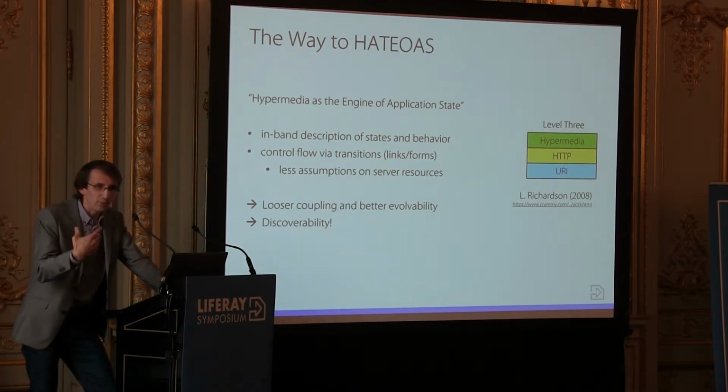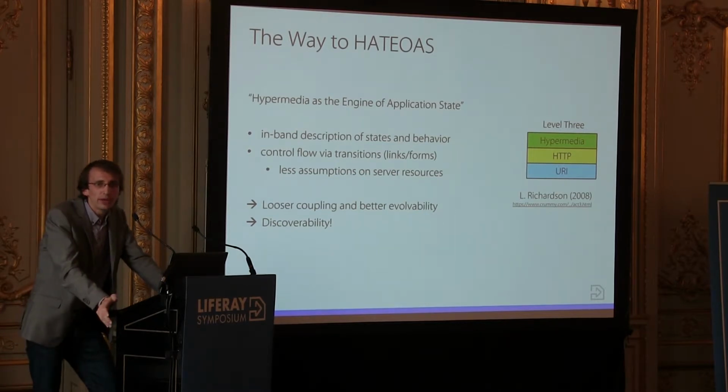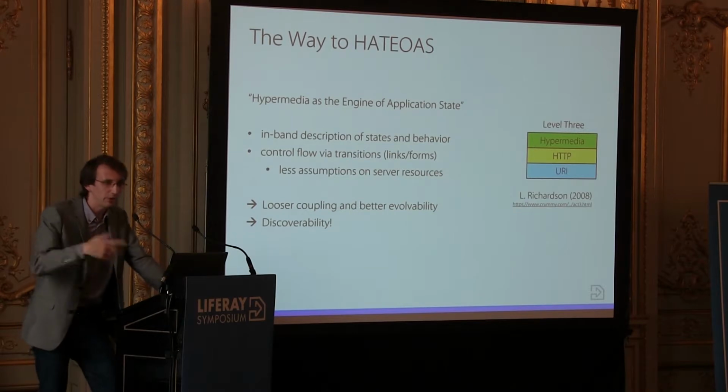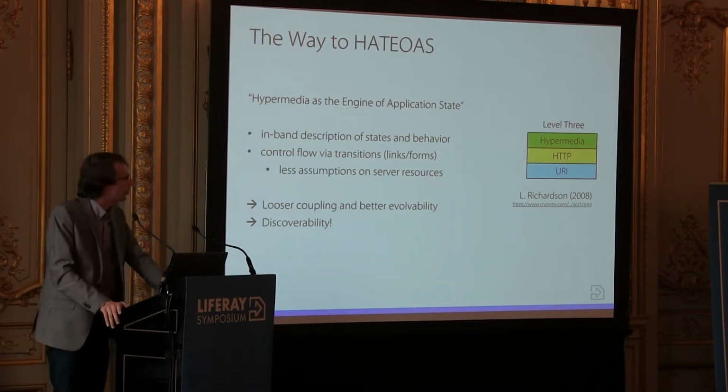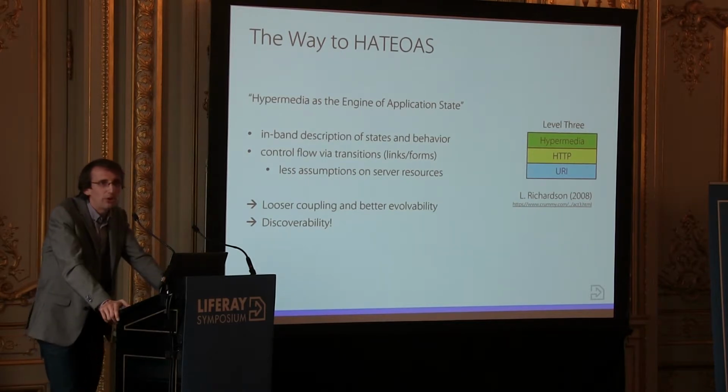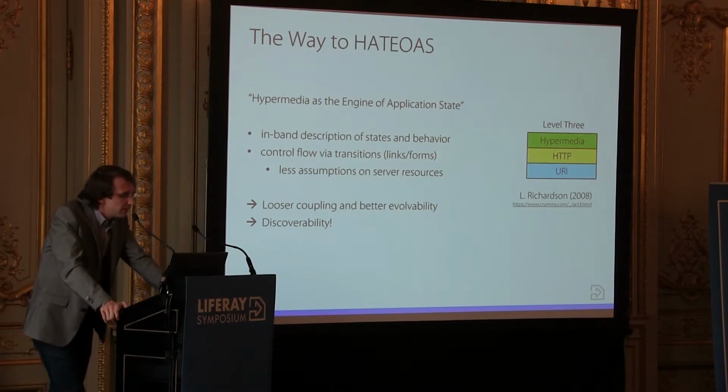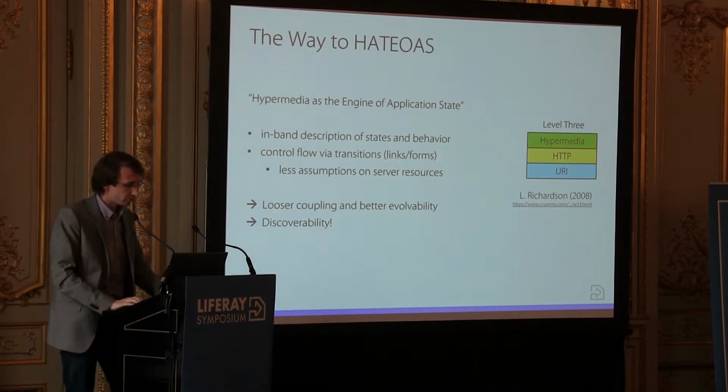Now, that sounds pretty similar to the web, right? I mean, that's what you can do in the web. You can click around from hyperlink to hyperlink. And it is actually pretty similar to the web. The web is made up of hypermedia types. And it means that I have fewer assumptions on the server resources.